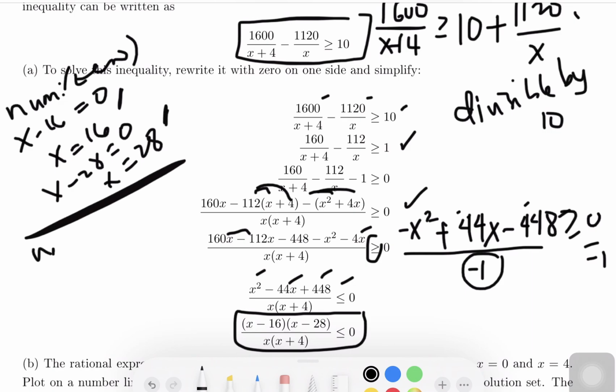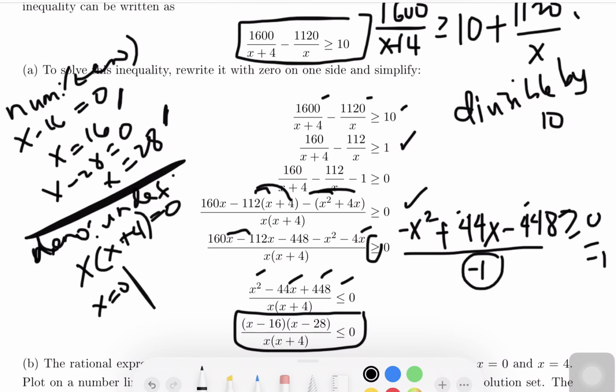Now, for the undefined, for the denominator, we have x times x plus 4 equals 0. So, we have x equals 0 or x plus 4 equals 0, so x equals negative 4. Again, we have 2. So, in short, we have 4 numbers.